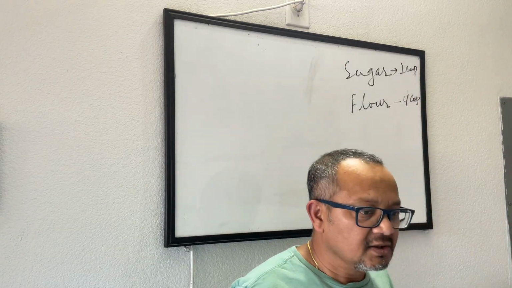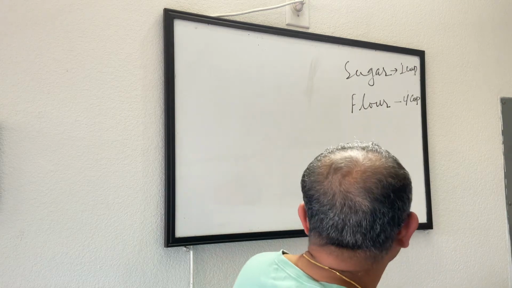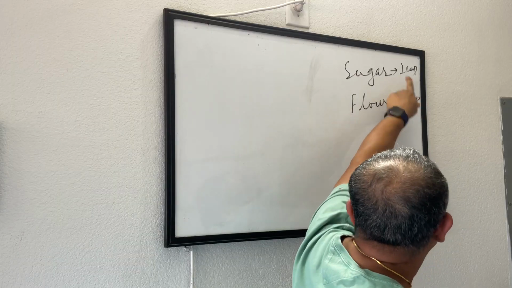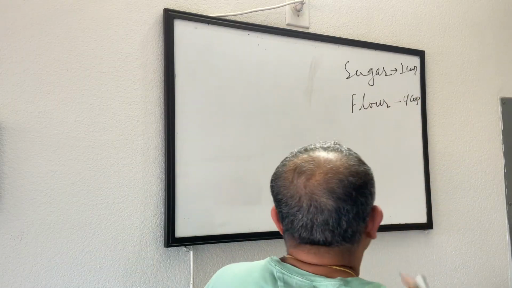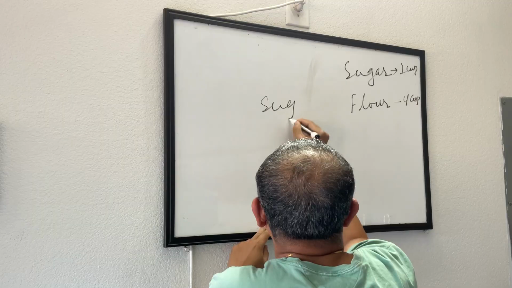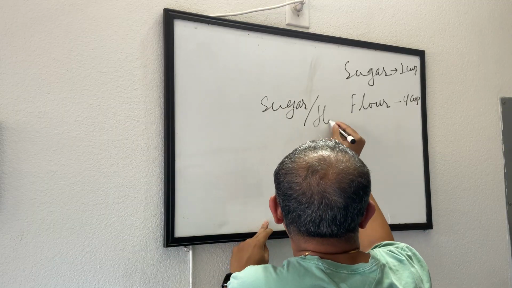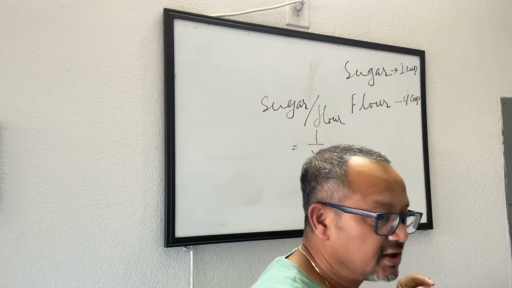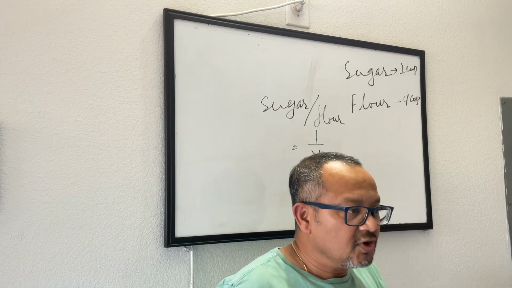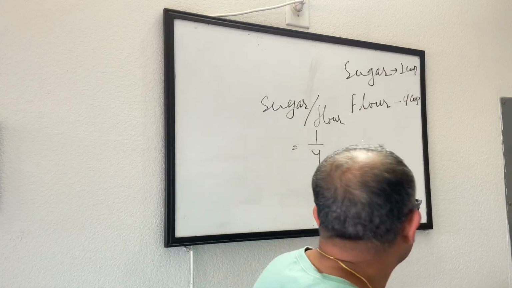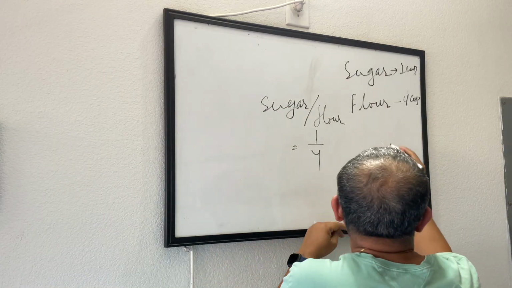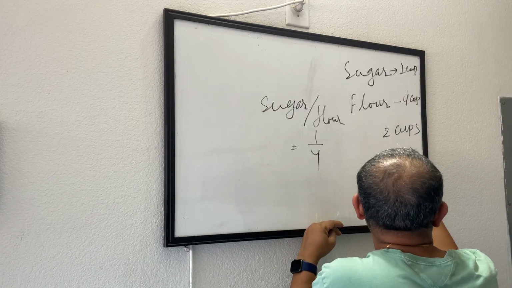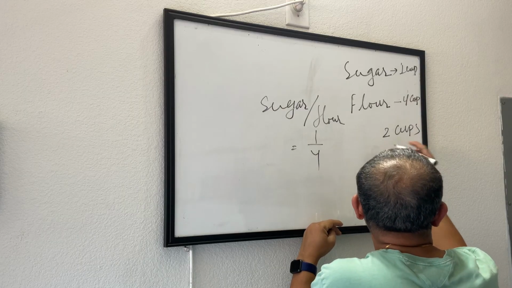Okay? For a small cake that you are making, you need 1 cup. When you have 1 cup of sugar, you can have 4 cups of flour. So here, sugar to flour ratio is 1:4. Okay? Now you want to make a bigger one. So you want to make double the size of this cake. You will take 2 cups of sugar and 8 cups of flour.